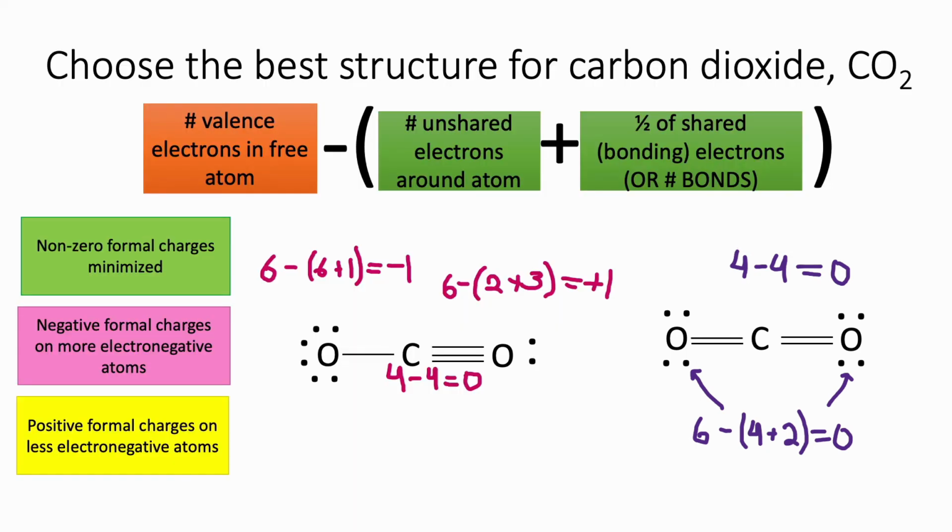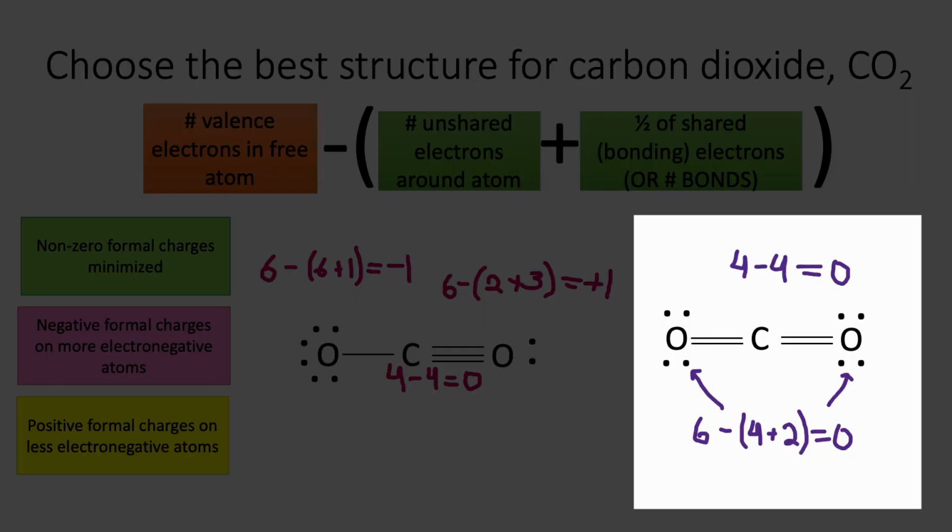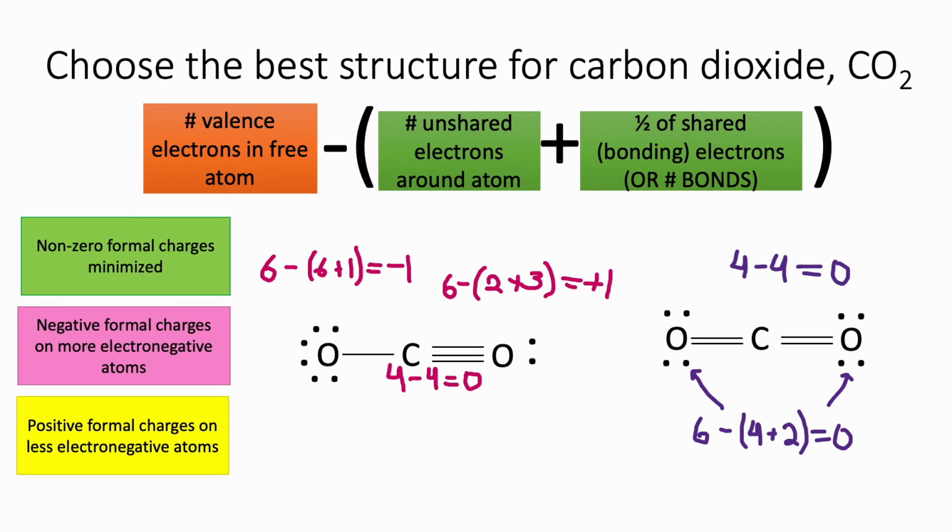So if you look at our rules over here on the left, you'll notice that non-zero formal charges are supposed to be minimized. In this structure right here, we have a minus 1, a plus 1, and a 0. So we have 1 zero formal charge and 2 non-zero ones. And in this structure on the right, everything is 0. So that's going to be what we expect to see in nature.